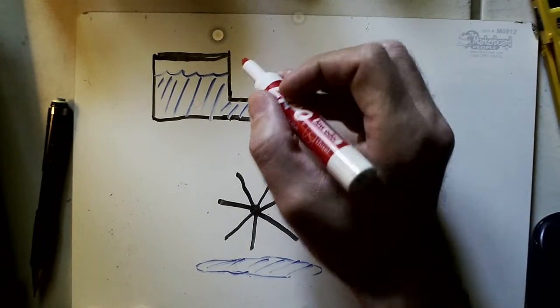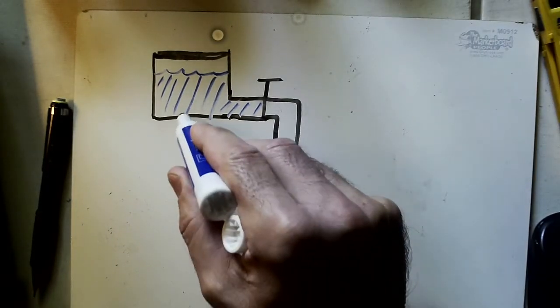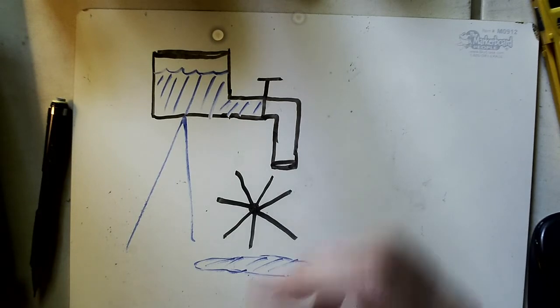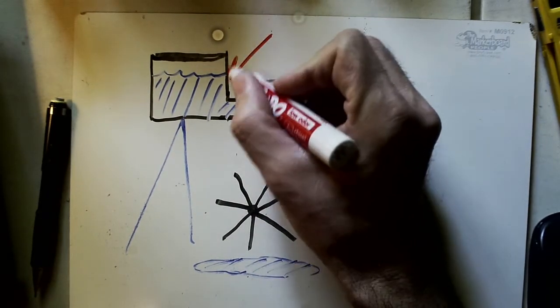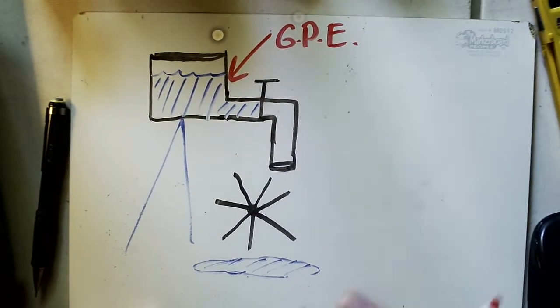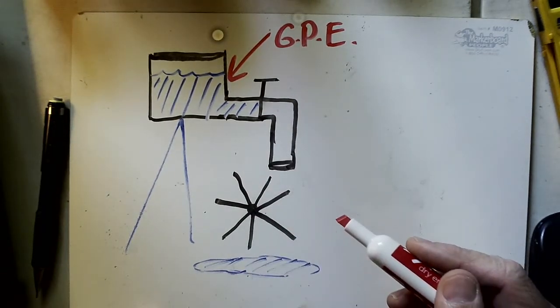The water in this tank, because it is off the ground, sitting in my little water tower, has gravitational potential energy. It has the ability to fall down and move the water wheel.